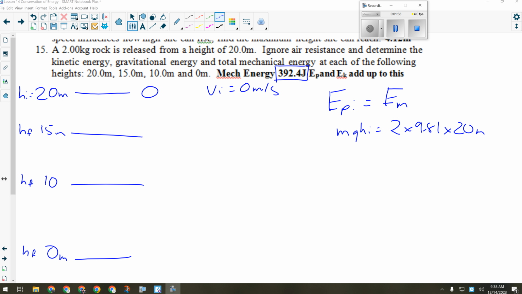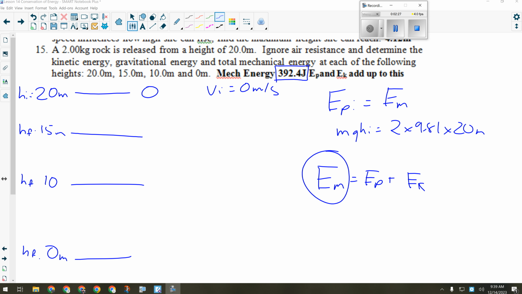Now that I know that, can I calculate the potential energy at all of these other heights? Yes. I don't know the speed at any of these heights, so how do I get the kinetic energy? This is what the question's testing. Mechanical energy is EP plus EK.